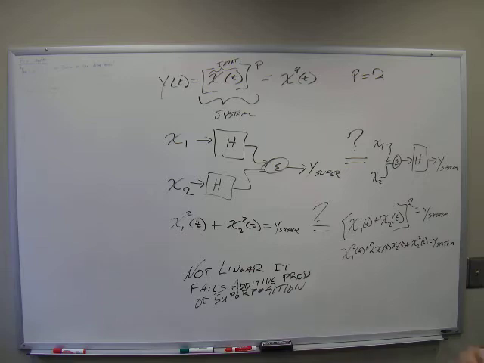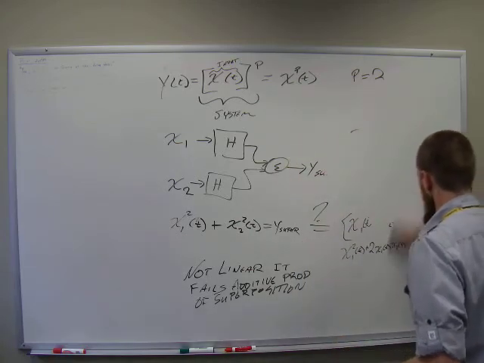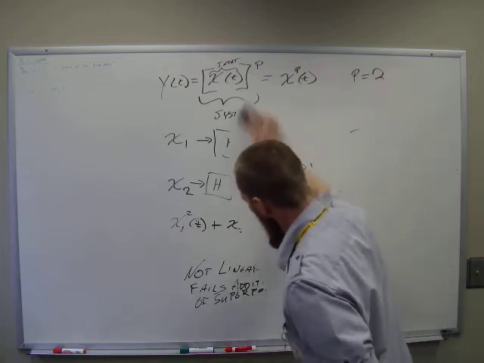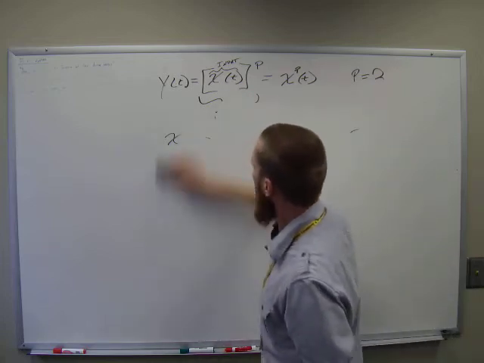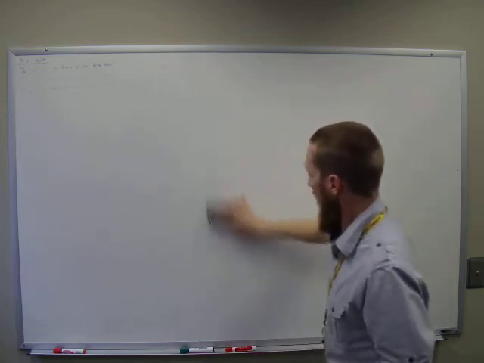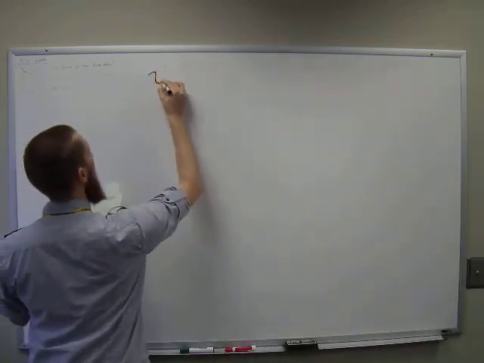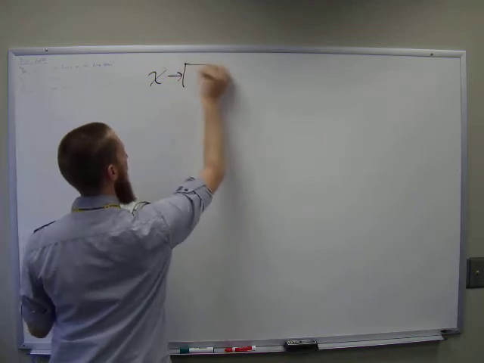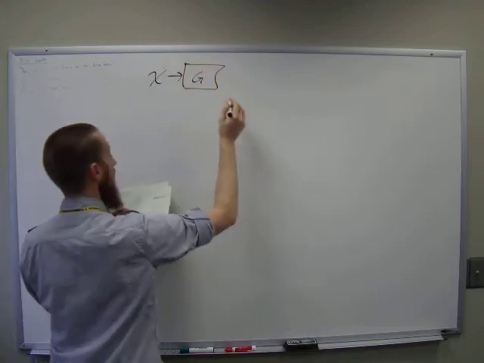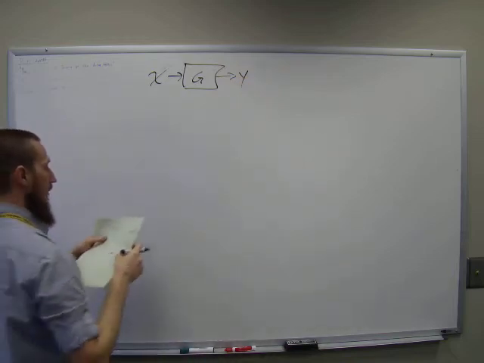Okay, now we're moving on to the next example. Let's consider another system. We've got x going into, this time I chose to call the system G, just for a little bit of variety. The output we're going to have is y.